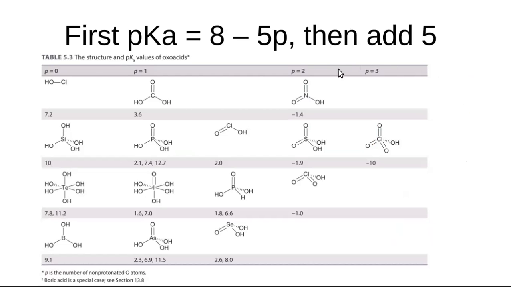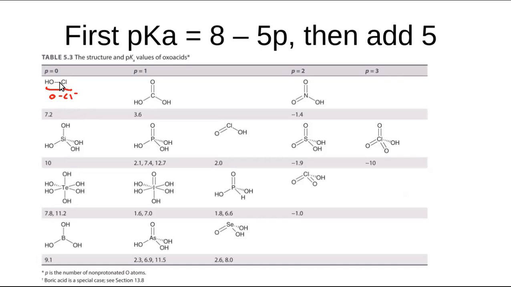But for oxo anions, it's easier. These are oxo acids, so HOCl that would correspond to OCl minus.